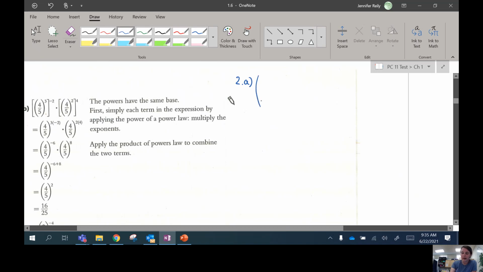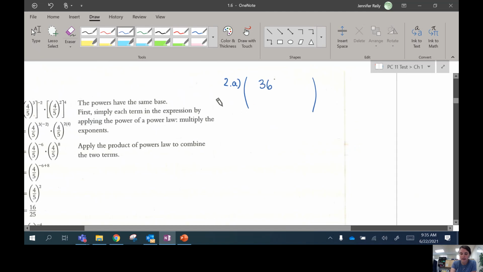Okay, so 2A, there's a lot to write down here. 36 to the power of 7/8, all over 36 to the power of 1/6, times 36 to the power of 11/12, or sorry, 11/24, and then that's all squared.